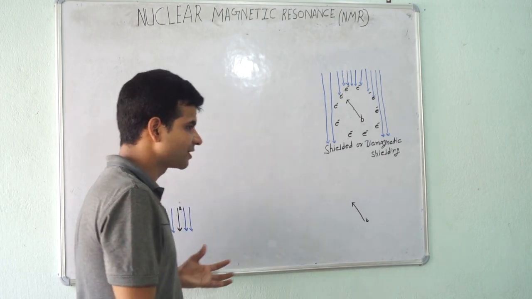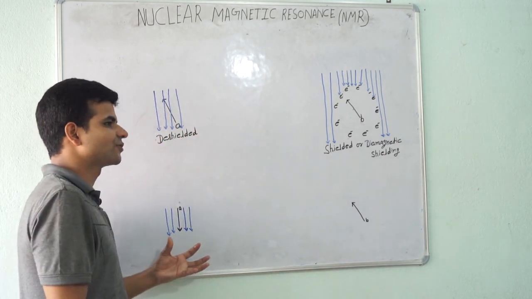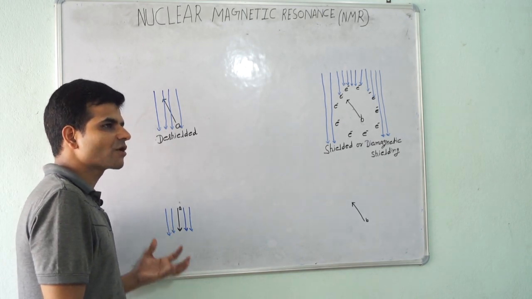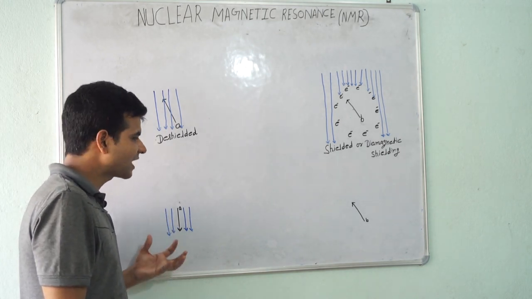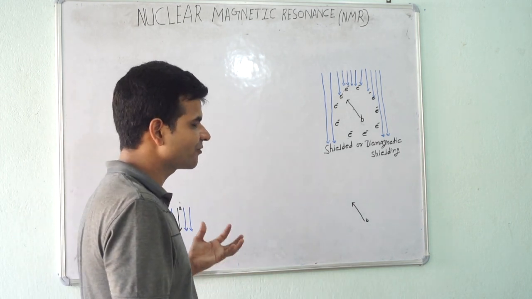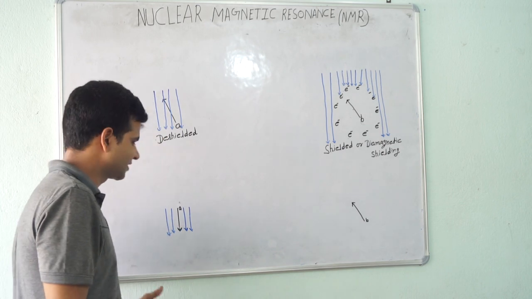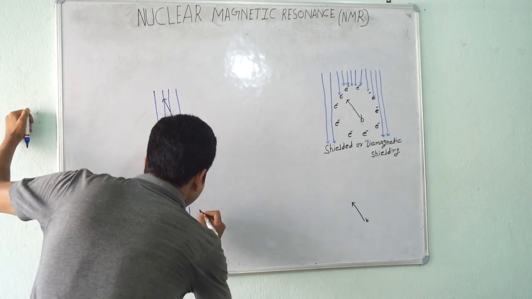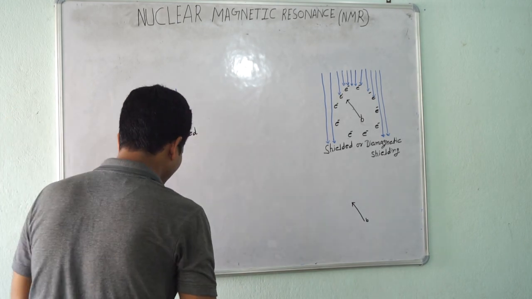We want to bring all hydrogen atoms into beta spin. Therefore, in order to do that, we provide energy in the form of radio wave frequency.